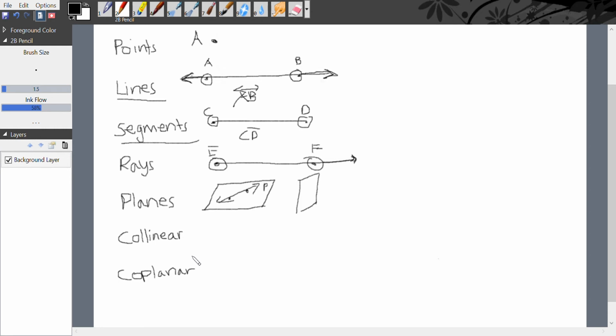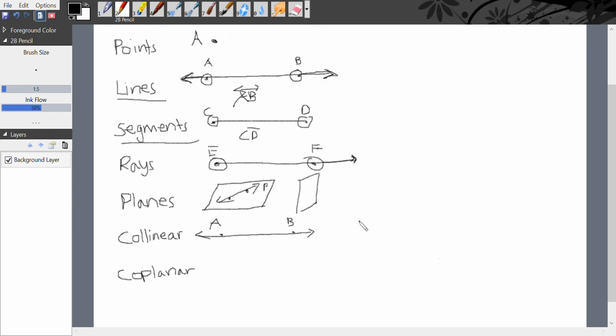Now we're going to talk about two terms, collinear and coplanar. So collinear basically means that it can be connected by a line. So let's bring back line. I'm going to draw point A here. We're going to utilize point A and B again. So points A and B, these 2 points are collinear. The reason behind that is because they could be connected by this line here.